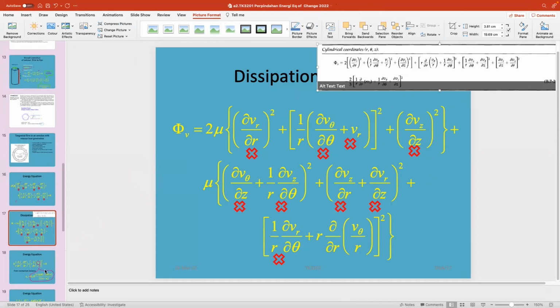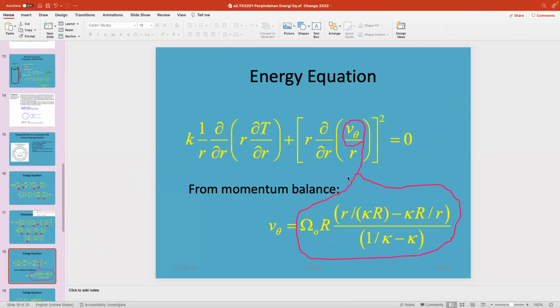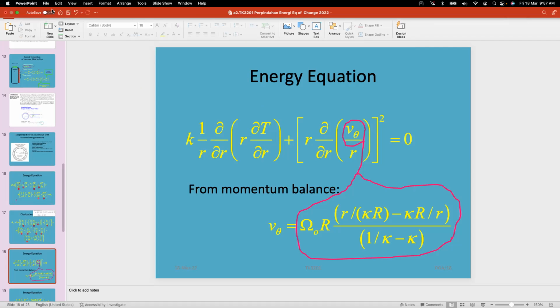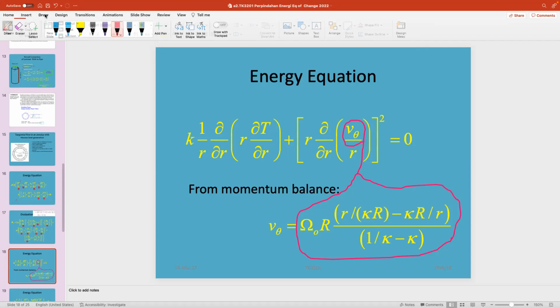Okay, and after that we can also get the energy equation. This is the energy equation from appendix B8. If you look at it here, there is some Vθ. And for the phi theta, we can only find the correlation of phi theta with r by adding the momentum balance.